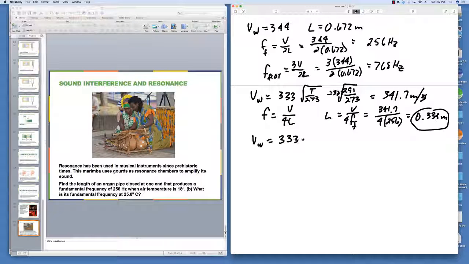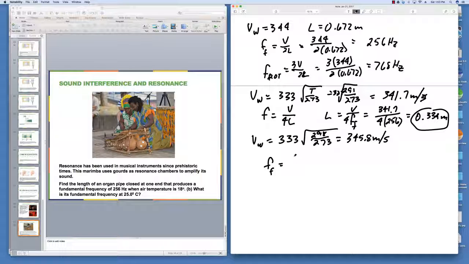Now we have to calculate a new velocity at a different temperature, because they want to see what happens to the fundamental frequency if the temperature goes up to 25, which is 298 divided by 273. And that gives you a new velocity of 345.8 meters per second.